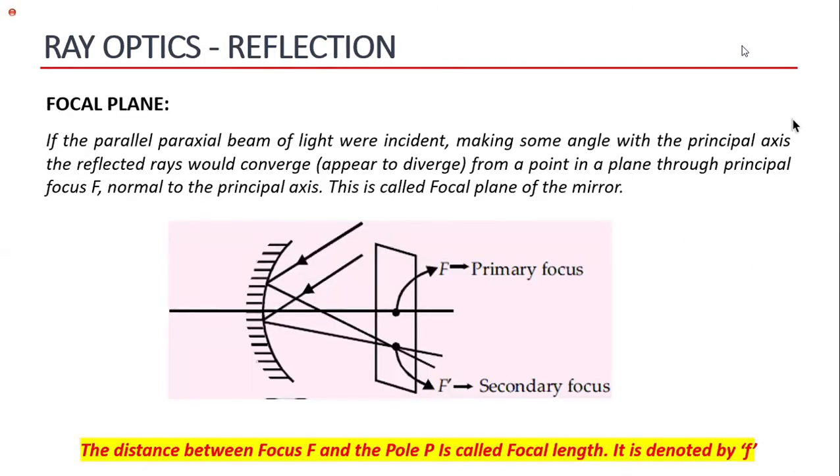The distance between focus and pole of the mirror is called focal length. And then take down focal plane.